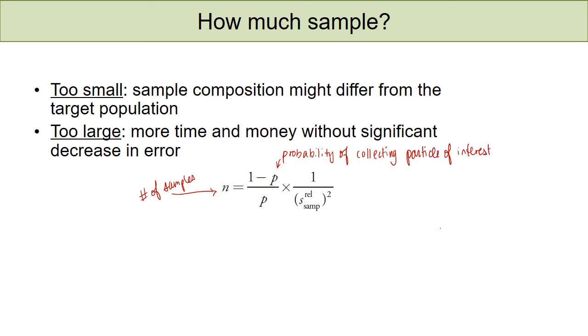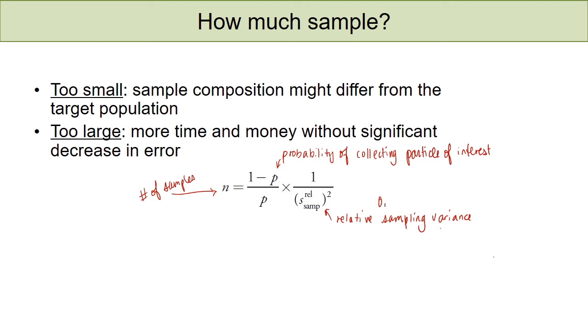And then the other thing is how accurate and precise do you want to be? This really comes down to precision. So here's our relative sampling variance right here. Let's just say that you want to analyze something that has two types of particles, particle A and particle B, and you want your relative sampling variance to be 1%, so 1% error.